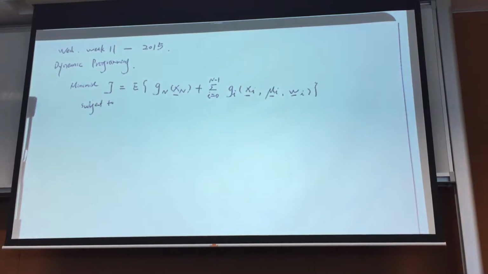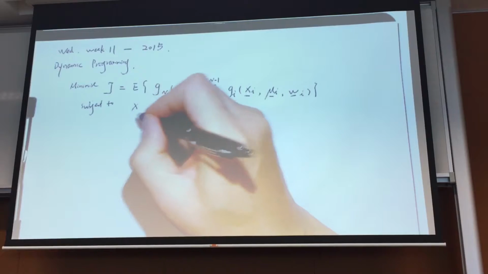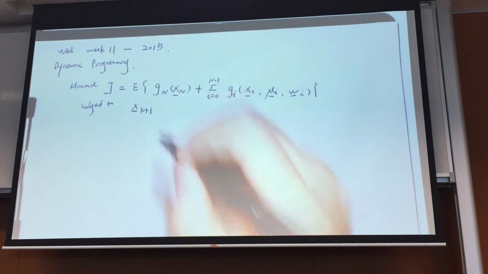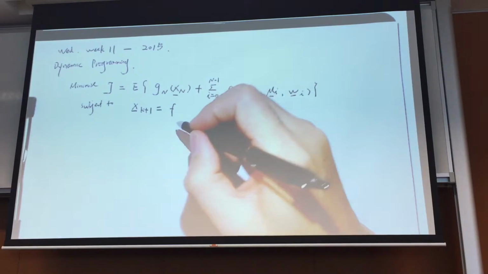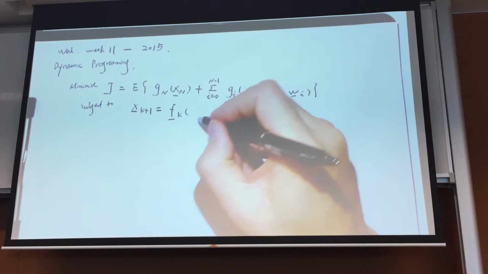And the optimization is subject to the dynamics of the system. The system has already been discretized, so we have the discretized motion function.